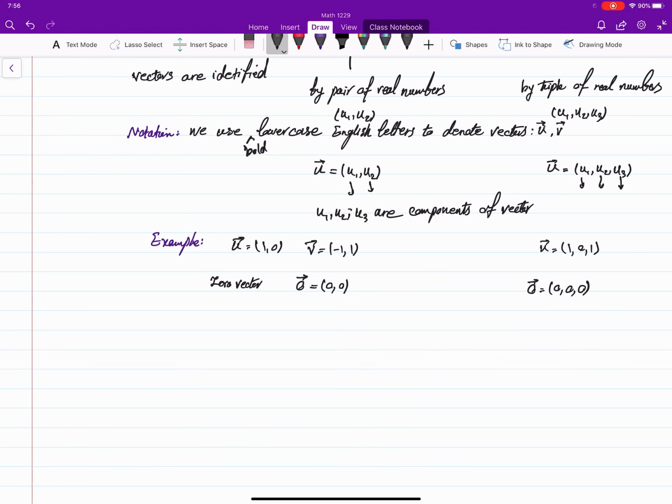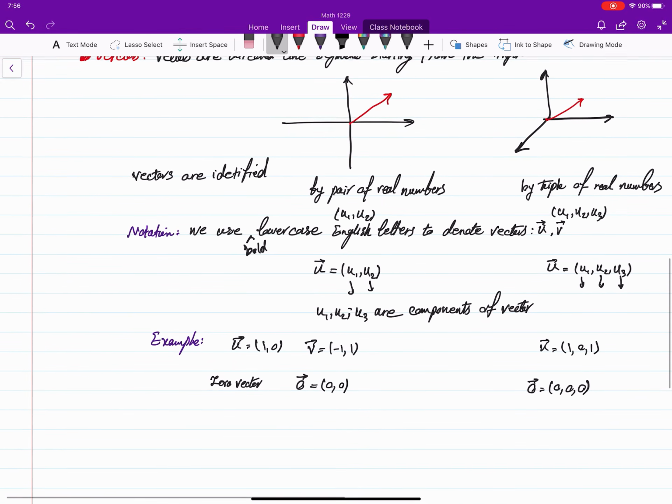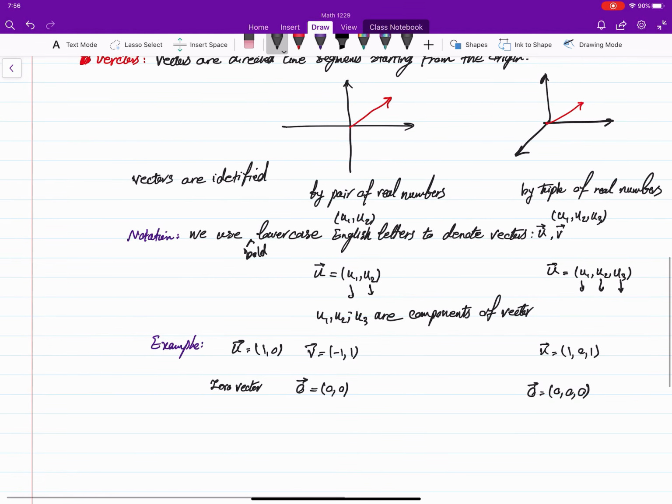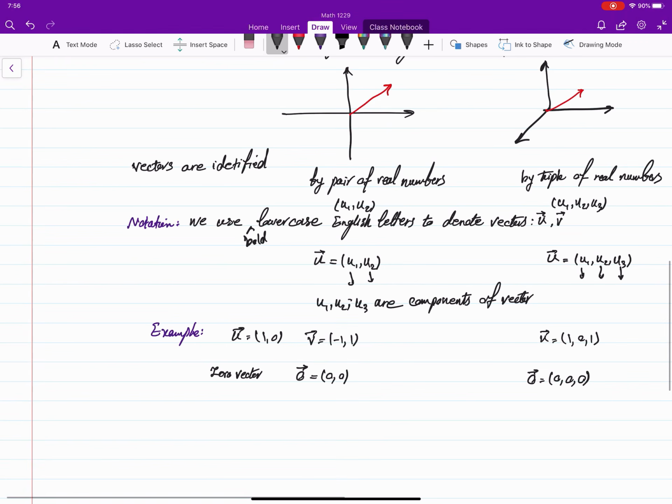Well, you have to ask me, okay, but what is the meaning of these vectors? And this is where the meaning comes in. You see, this is the directed line segment. The end point is going to be identified by a pair of numbers. You pick that end point's coordinates.